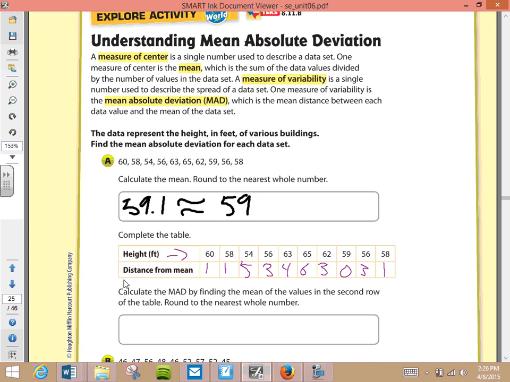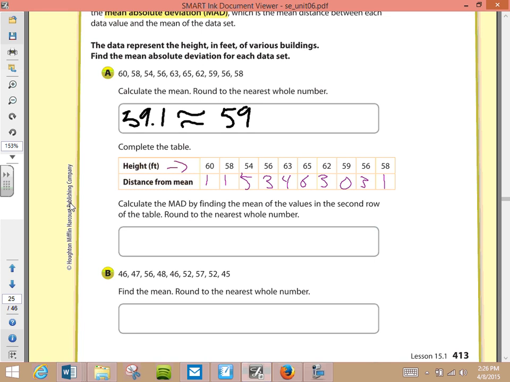So, whenever they talk about distance from the mean, they literally mean how many points away from the mean is this number. That's it. It's not going to be negative or positive ever, at least in this situation. They just want to know how far it is from the mean. All right. Now the next part is to calculate the mean of these at the bottom. Add them all up. Divide them by 10.